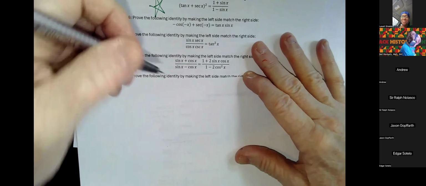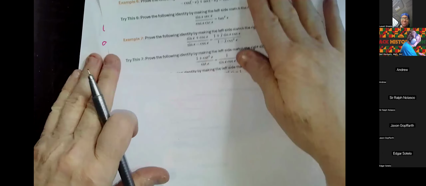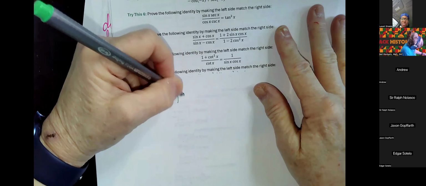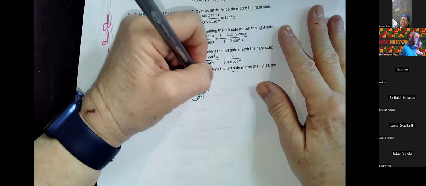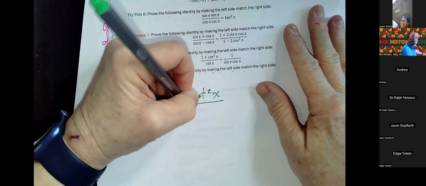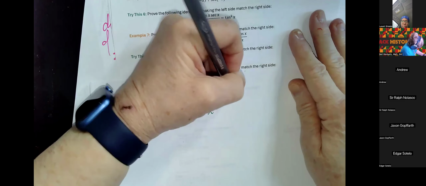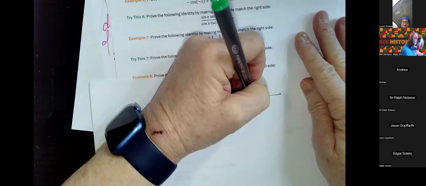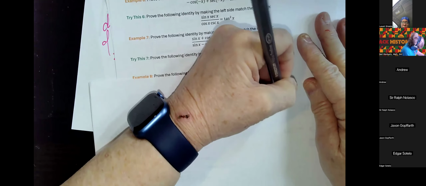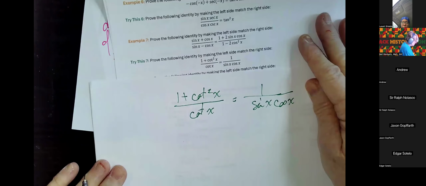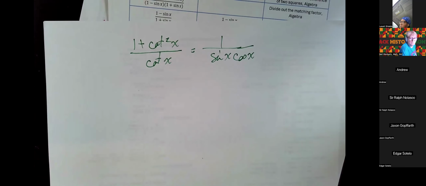So we are going to prove that 1 plus the tangent squared x divided by x, we will write that as 1 over sine x. Do we have only one Pythagorean identity? Is that 1 plus cotangent x?